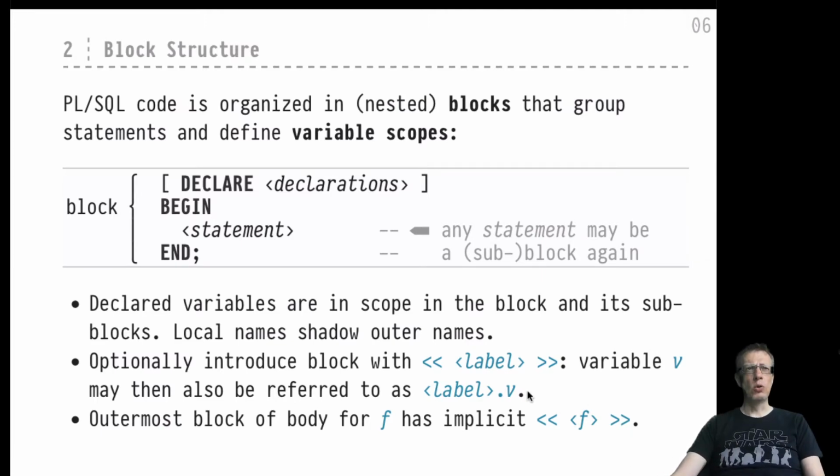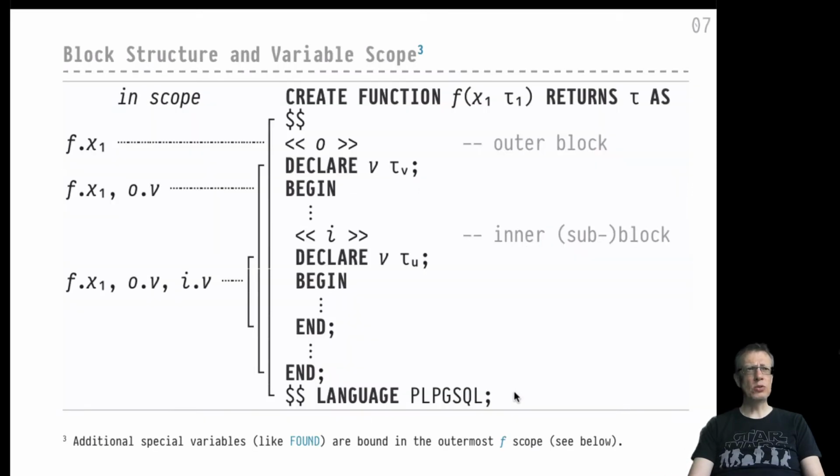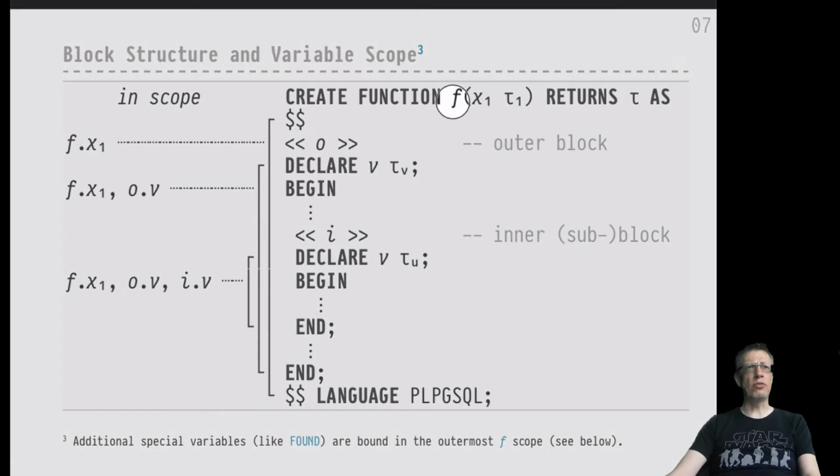Okay, so the block scoping, the block nesting, and the variable visibility is also being sketched here on this particular slide. So indeed, we are defining such a function f here with one parameter x1, right? And we are indeed using PL/pgSQL, the PL SQL variant of PostgreSQL, to define our function. The function body itself is found between these double dollar signs.